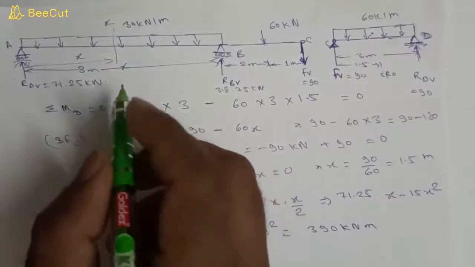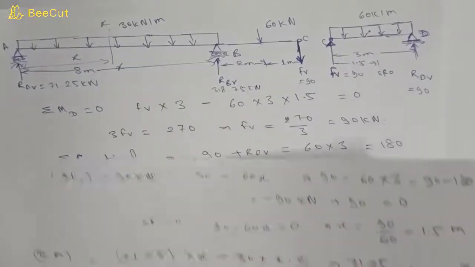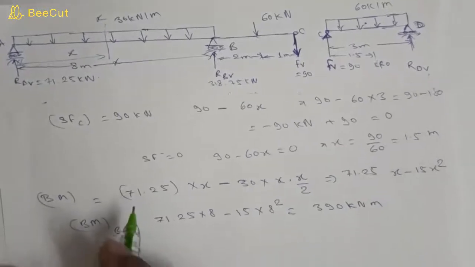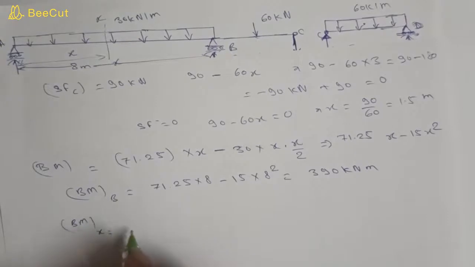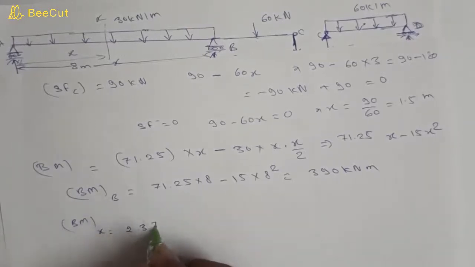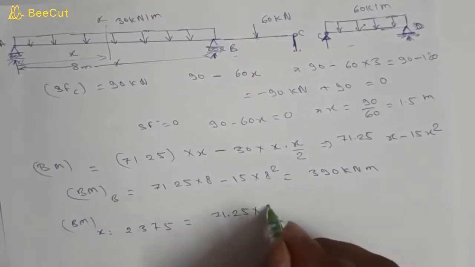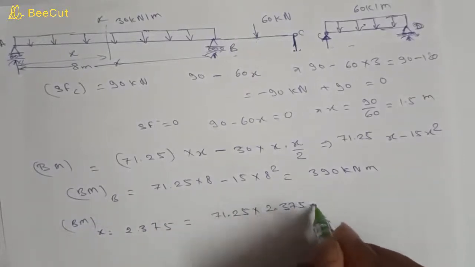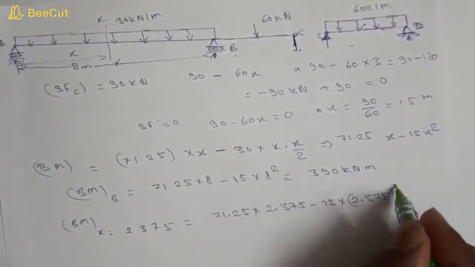Now we have calculated that at x is equal to 2.375 meters, shear force is becoming 0. So at x is equal to 2.375 meter, bending moment will be maximum. So bending moment at x is equal to 2.375 is equal to 71.25 into 2.375 minus 15 into 2.375 whole squared.